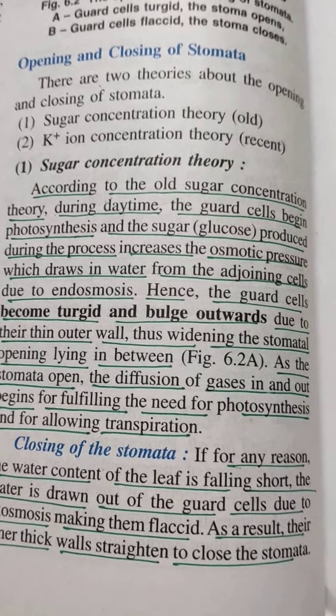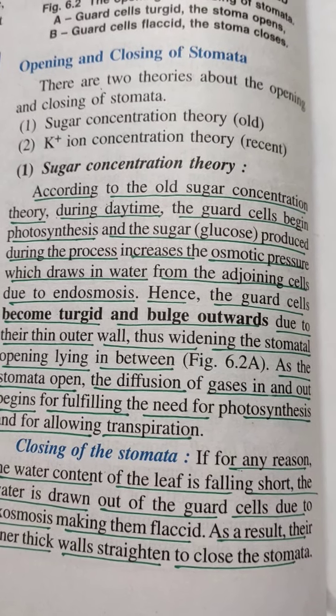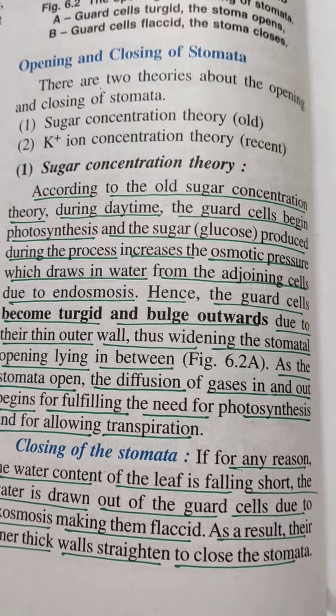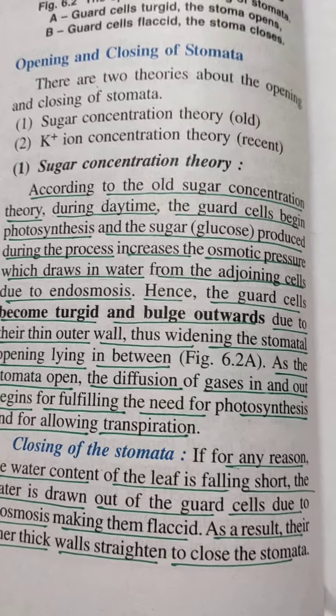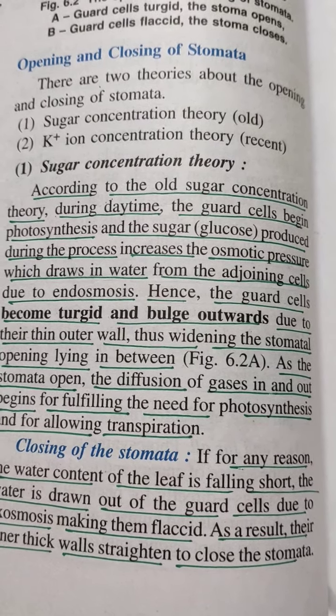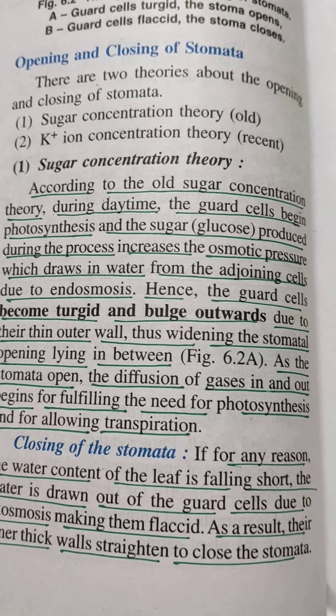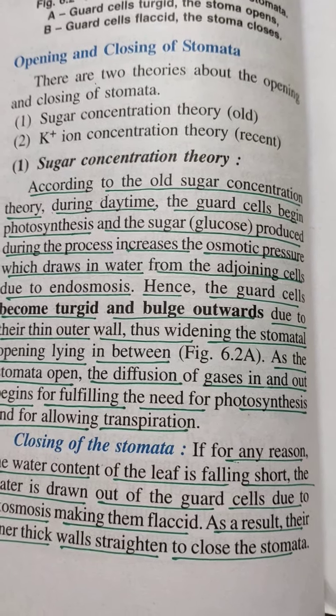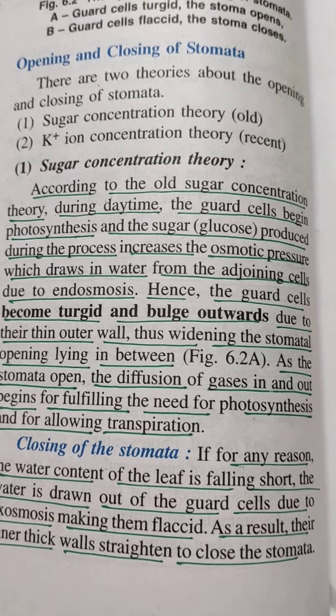Hence, the guard cells become turgid and bulge outwards due to their thin outer wall, thus widening the stomatal opening lying in between. As the stomata open, the diffusion of gases in and out begins for fulfilling the need for photosynthesis and for allowing transpiration.